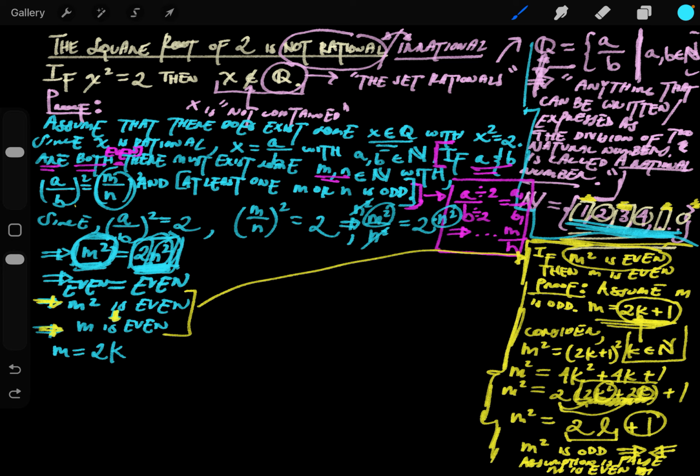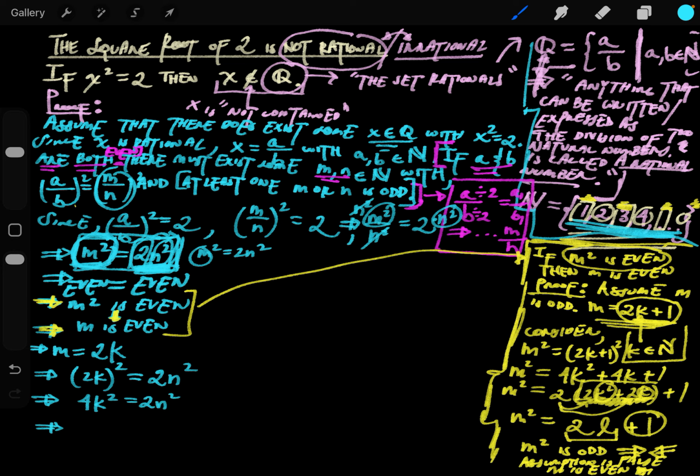Now, if I can write m as 2 times k, then go back to the top equation: I have m squared is equal to 2n squared. But now, instead of writing m, I'm going to write 2k, which gives 2k squared is equal to 2n squared. I square this out and get 4k squared is equal to 2n squared.